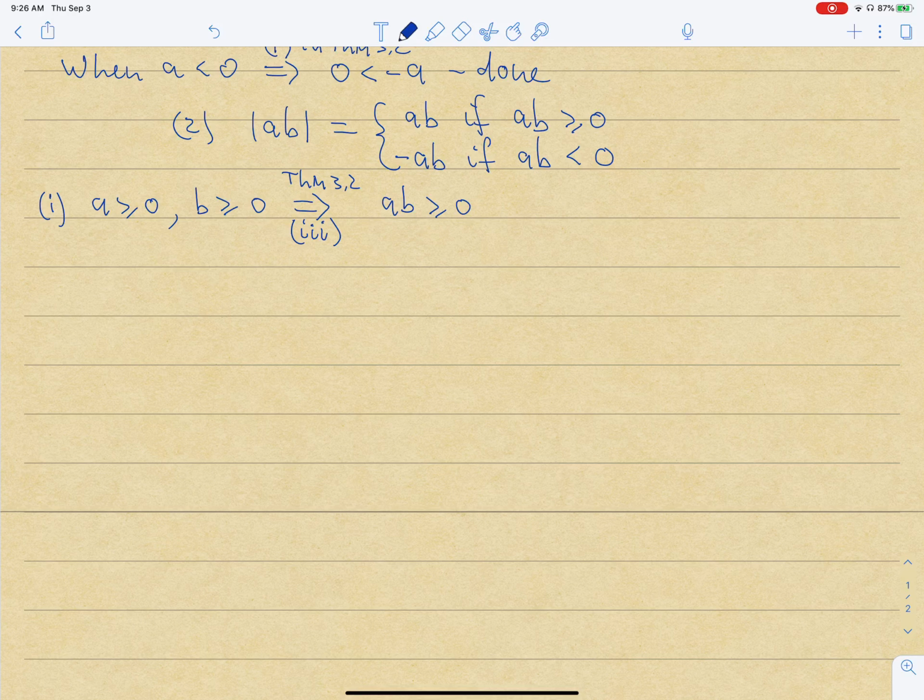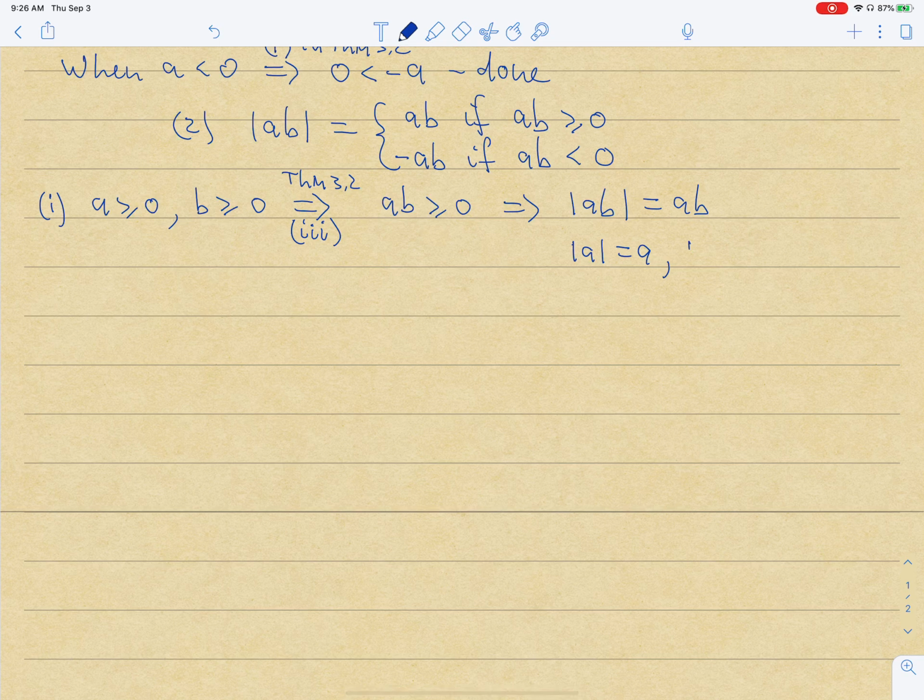And so therefore, if I take absolute value of AB, then absolute value of AB is equal to A times B. Absolute value of A is equal to A, right, because A is positive.